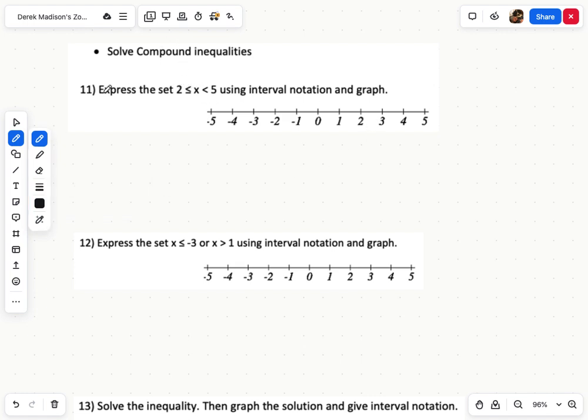So for this first one, we're asked to graph this and then give interval notation. These are things that we saw in the last section, but just to get us going. For here, we'd have the 2 and the 5. The 2's an equals, so remember from our last section, when there's an equals, we use a solid dot to denote the equals. And when there isn't an equals, that's going to be an open dot.